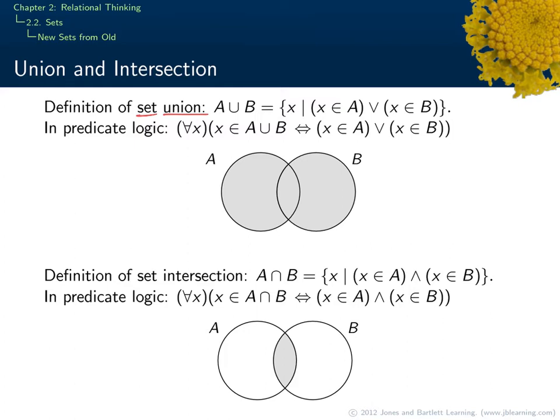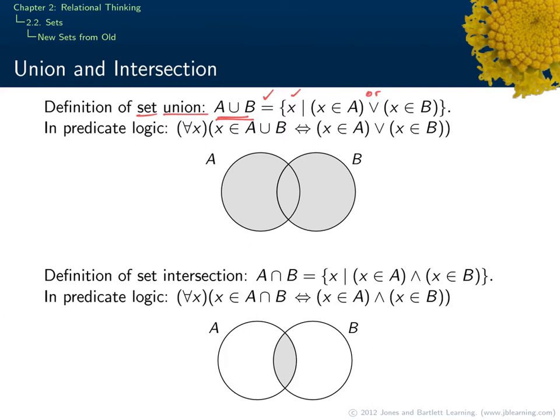It's denoted by A with the cup symbol B, and it's the set of objects that are either in A or in B. You can look down here at this Venn diagram. The shading indicates all of the elements of A union B.